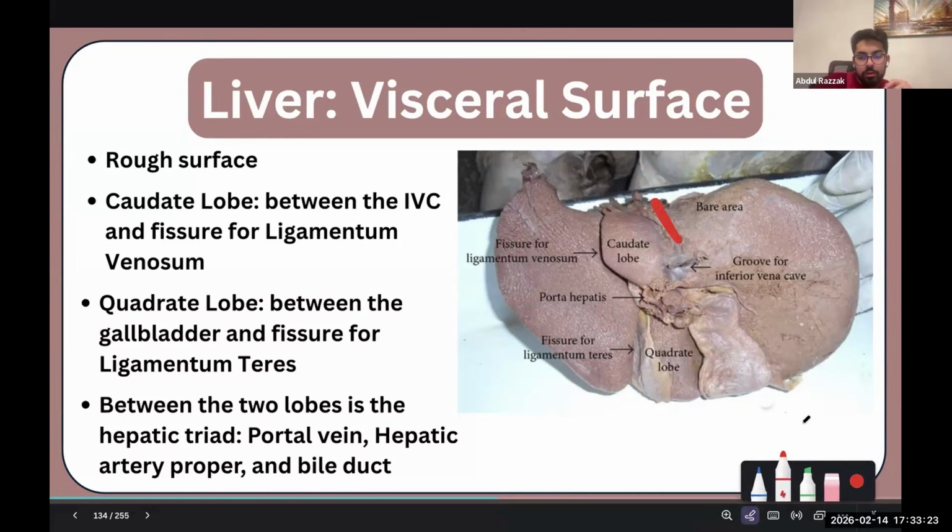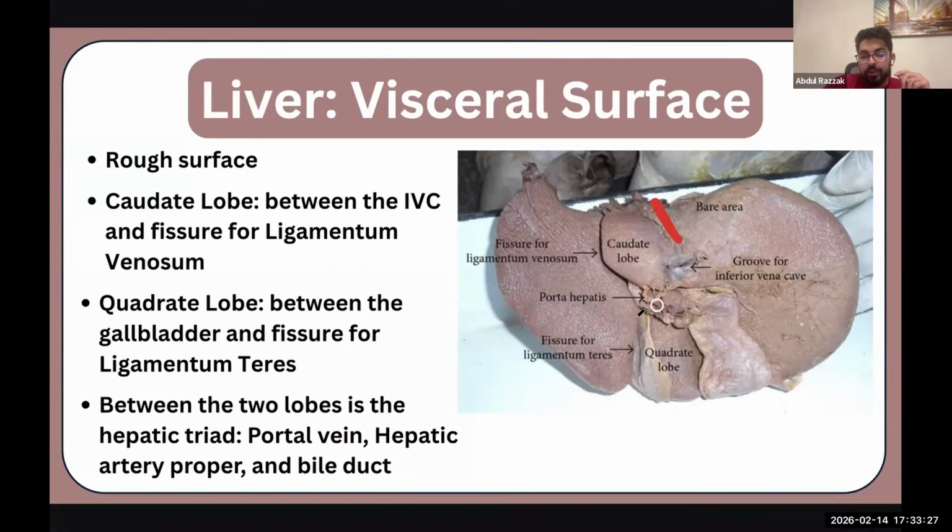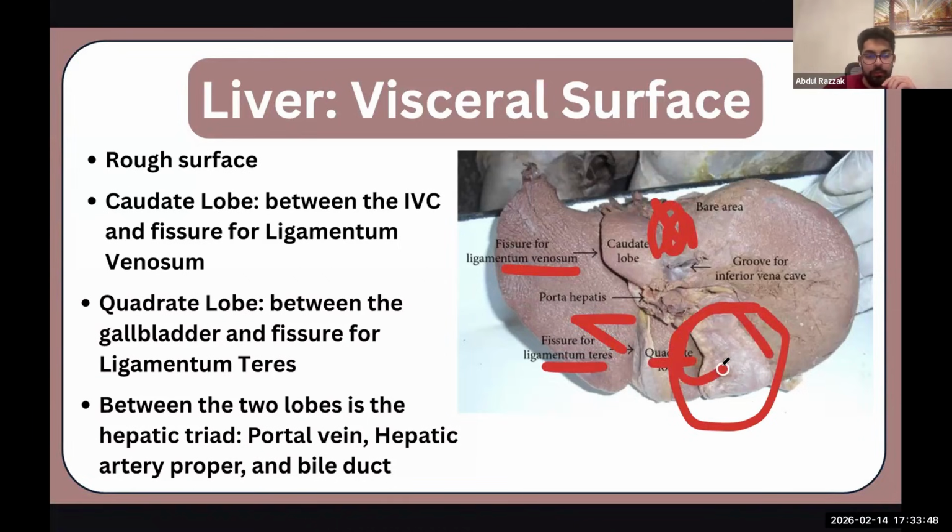The other lobe is the quadrate lobe, and it's formed by the fissure of ligamentum teres, in addition to the gallbladder. So these are the two markings that are going to mark the sides of the quadrate lobe. Again, caudate lobe: ligamentum venosum, and inferior vena cava is going to be here. And for the quadrate lobe, it is the fissure for ligamentum teres and the gallbladder.